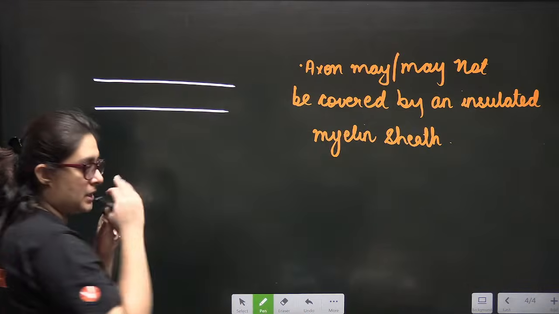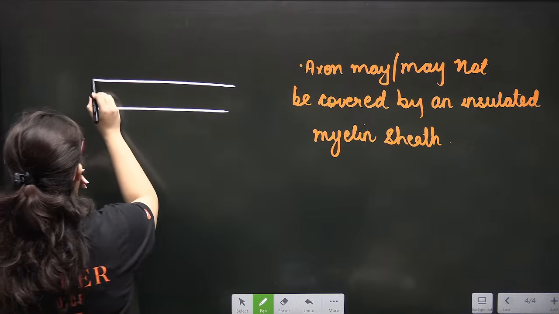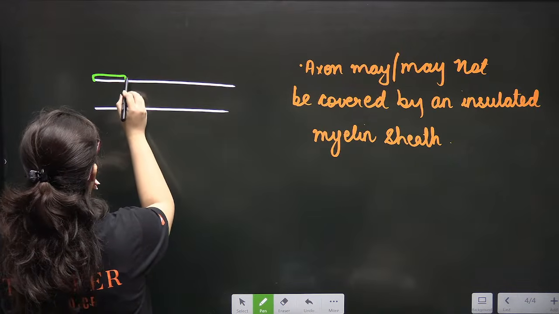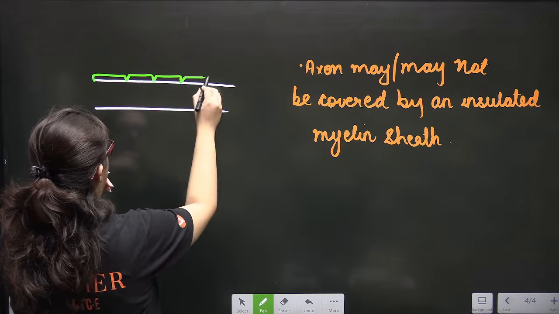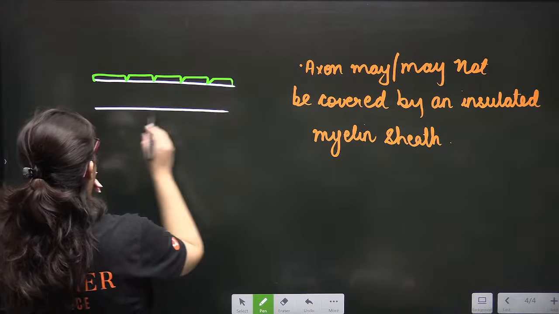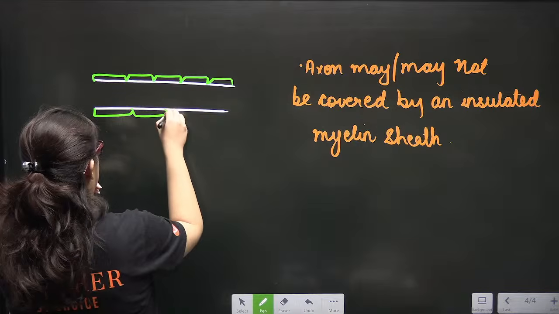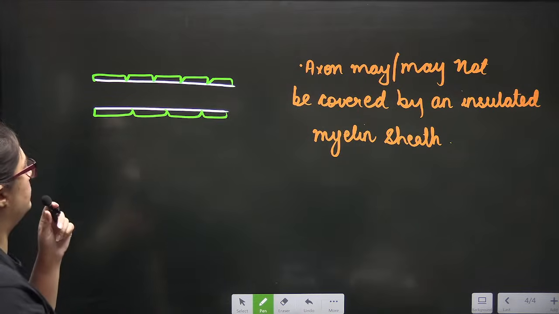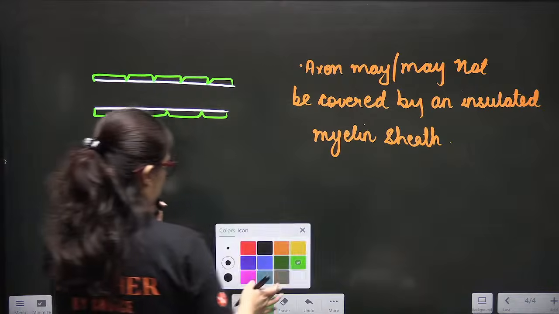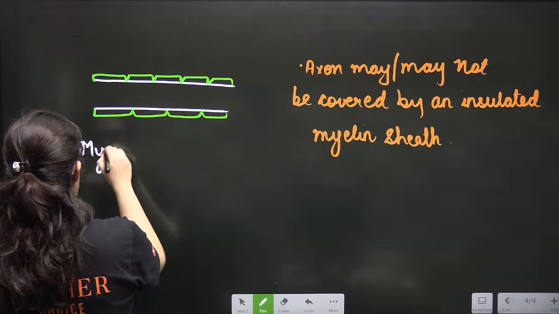Now, insulation means it doesn't allow the conduction of electrical impulse. So this is myelinated.